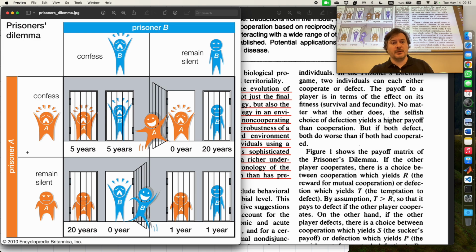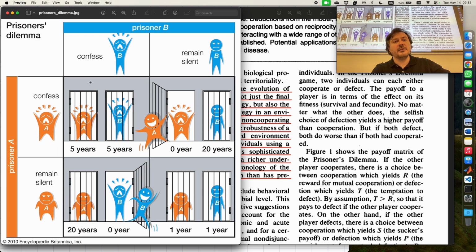Exactly. So you see, if the other one confesses, then we are in this column, right? Which one is better in this column? 5 years. So confessing is better. If the other person remains silent, which one is better? This one is better. Do you see it? Now, by that logic, they both see that confession is a good option, no matter what the other one does.